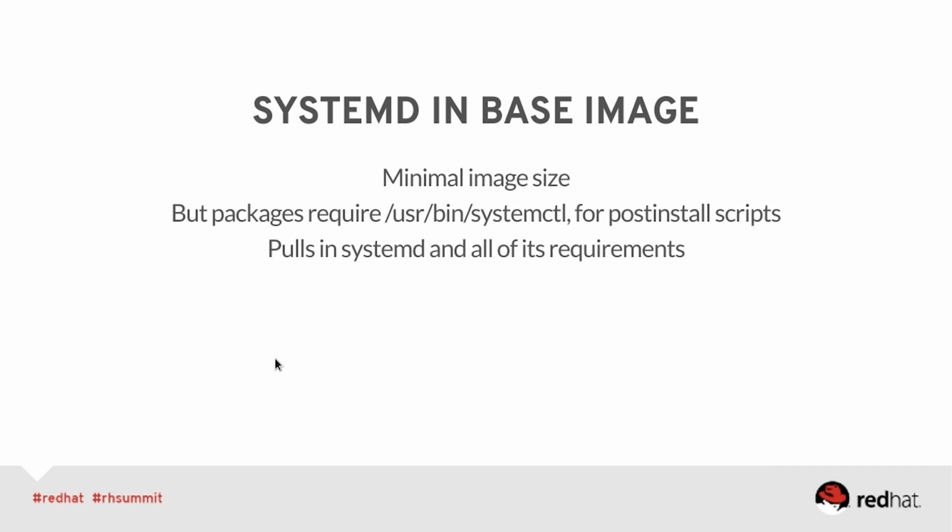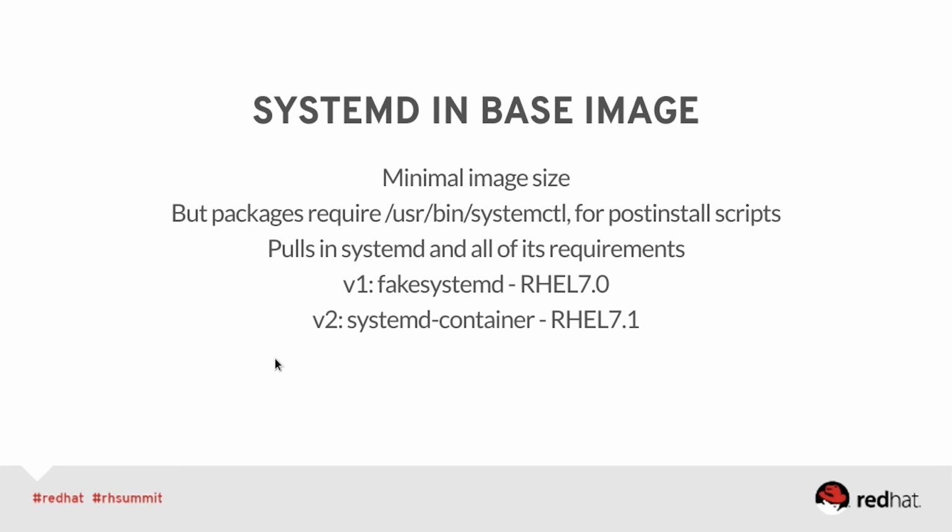So I came up with these great ideas. First I came up with fake systemd. All fake systemd was just a little RPM that said, I'm providing systemctl, so if you installed it, systemd wouldn't come in, but you'd get fake systemd. Leonard hated it. So I went to the next version. We came out with systemd container.